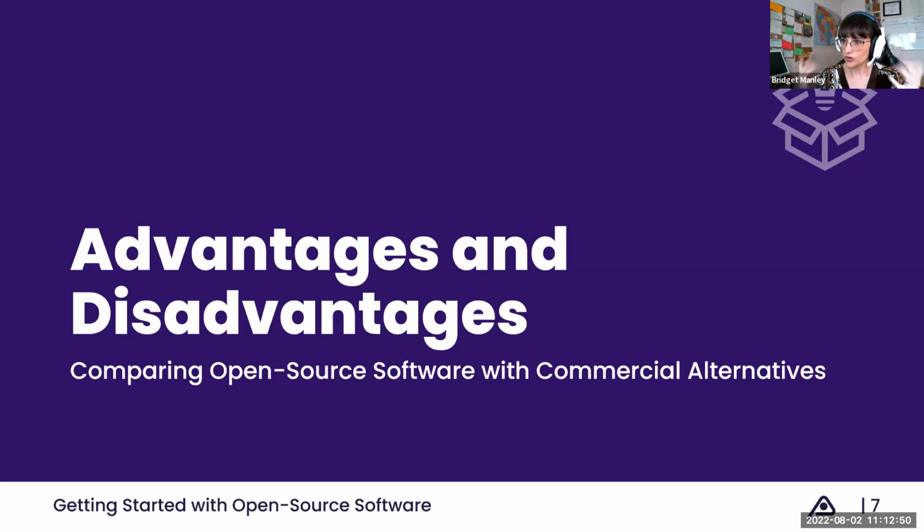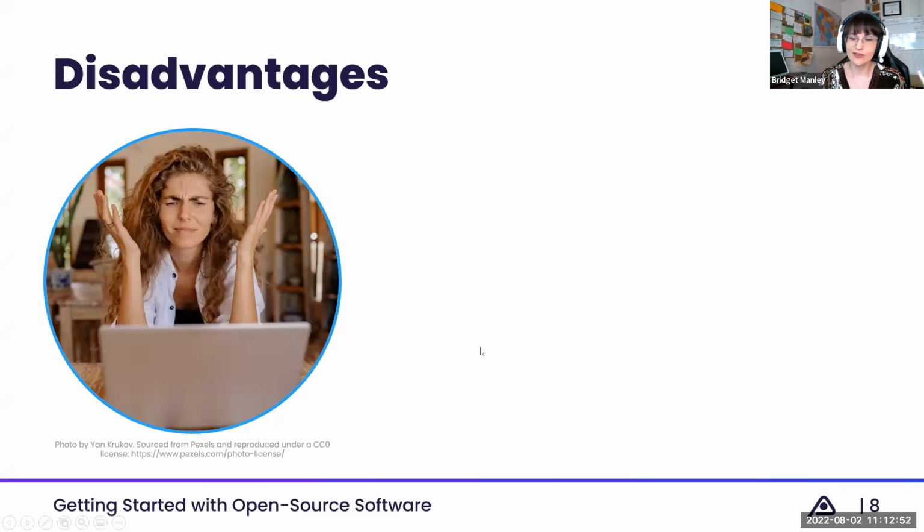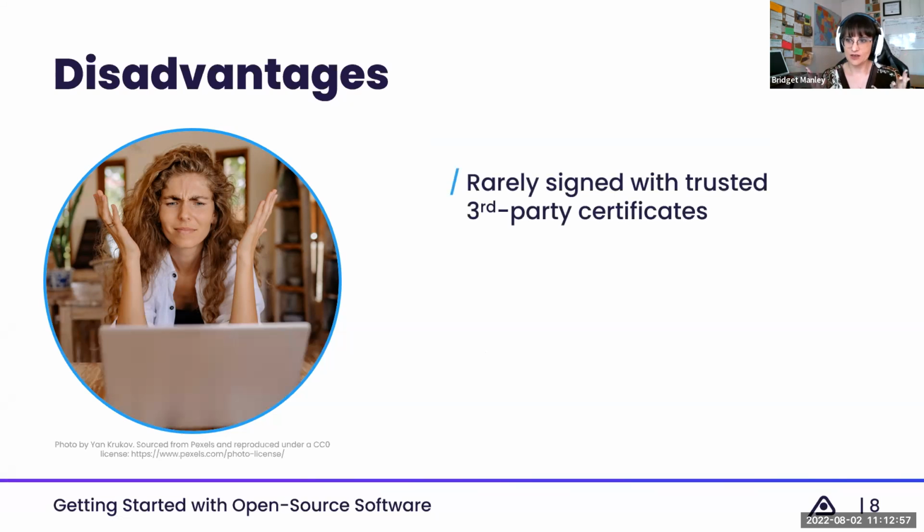So we're going to look at the pros and cons, and we'll start with the negatives first. One of the main cons of using open source software is that it's rarely signed with trusted third-party certificates. If you've never seen these before, it's basically a software license that the developer gets, so that when you download that software to your computer, it sends a message to your computer like, hey, we know who built this, they're legit, it's fine.